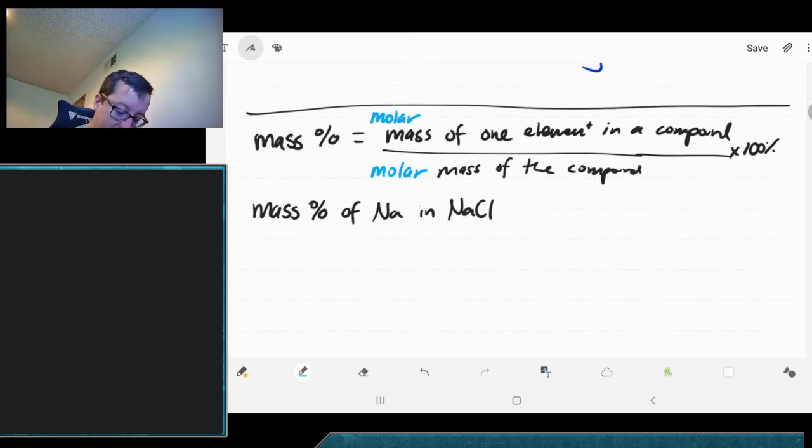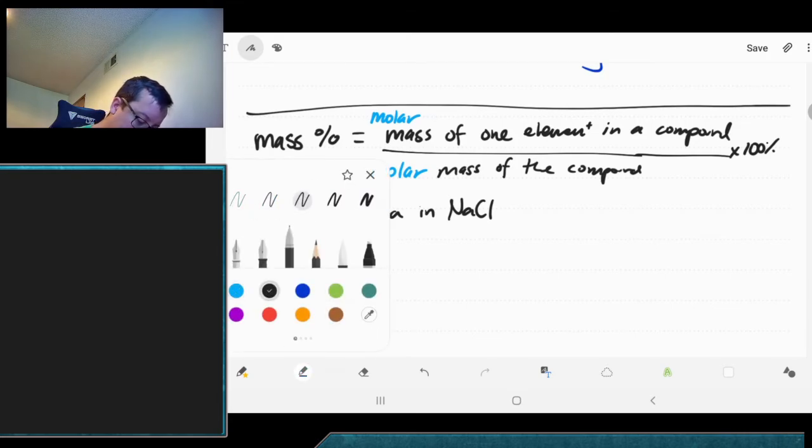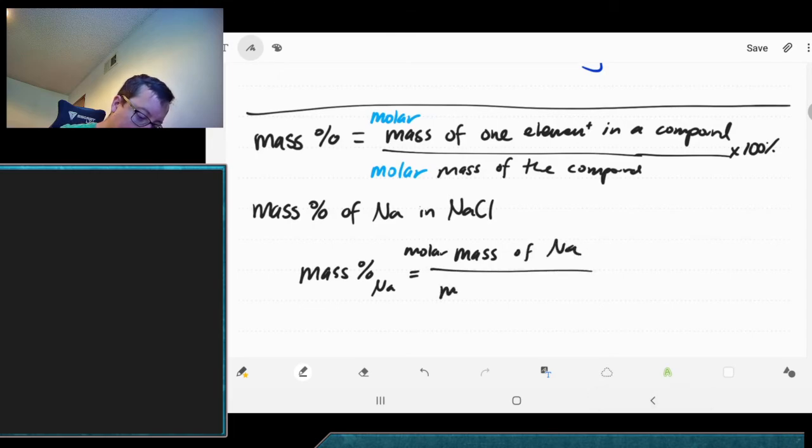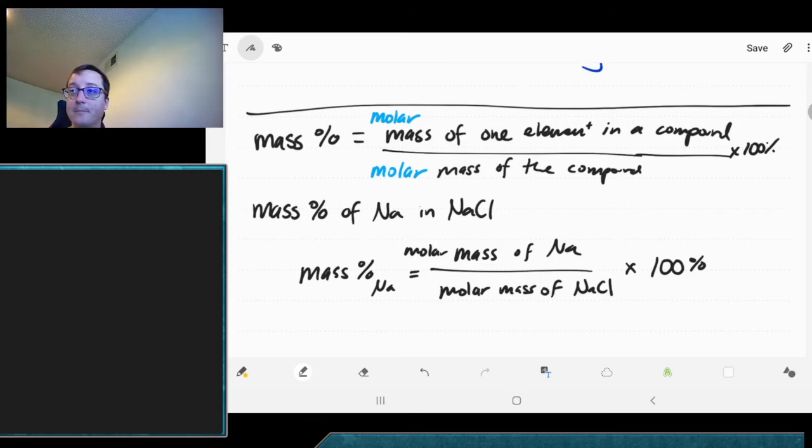Since the top one is just going to be sodium, we can say, aha, this is going to be the molar mass of Na over the molar mass of NaCl, times 100%.